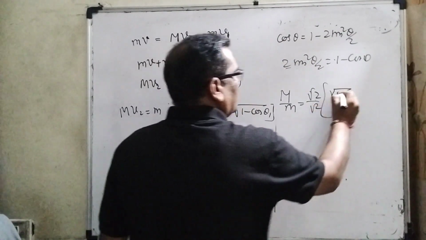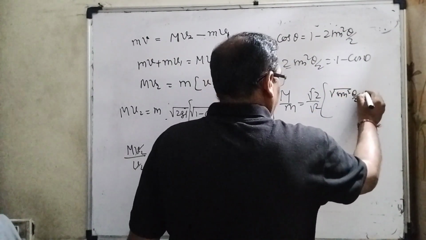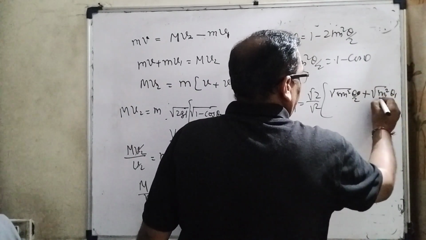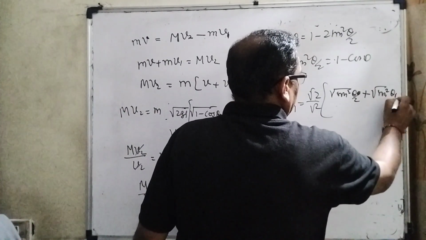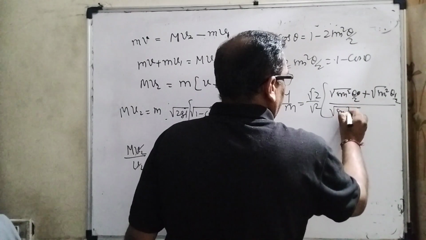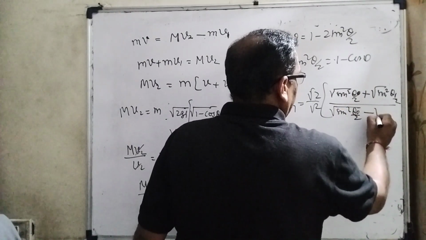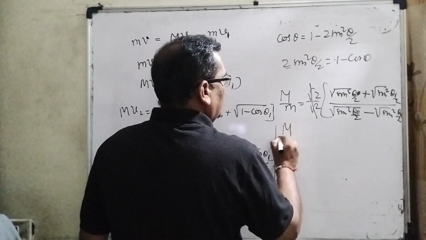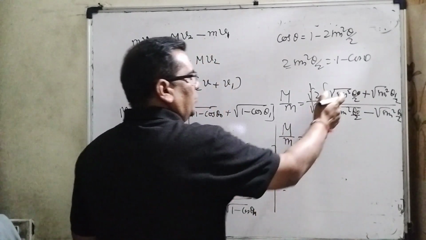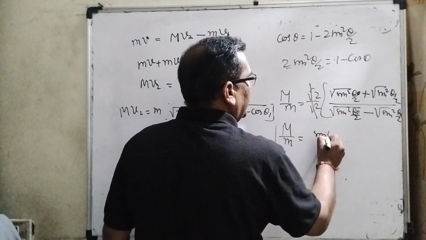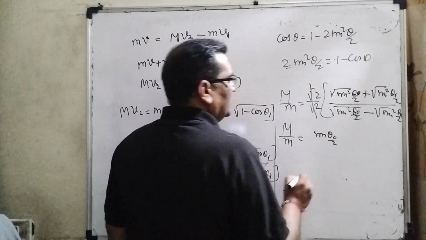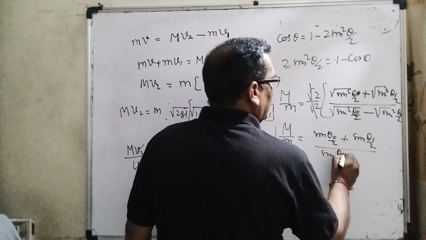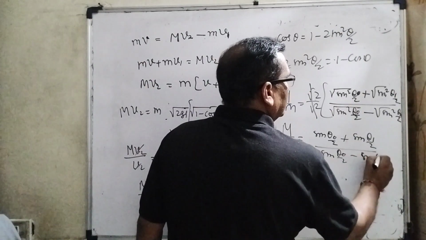Here, sine square theta naught by 2 plus sine square theta 1 by 2, upon sine square theta naught by 2 minus sine square theta 1 by 2. Root 2 cancels out. Now root and square cancel out, so the remaining terms are sine theta naught by 2 plus sine theta 1 by 2, upon sine theta naught by 2 minus sine theta 1 by 2.